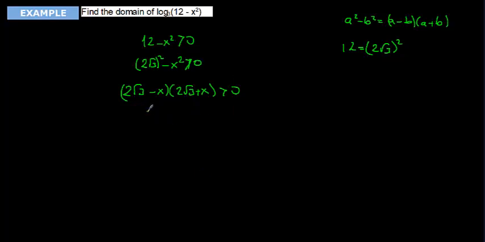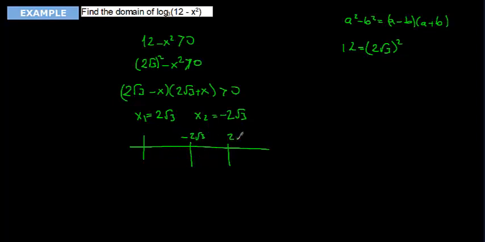Then I'm going to find x1. x1 is equal to 2 root 3 and x2 is equal to minus 2 root 3. Then I'm going to draw the table here: minus 2 root 3 and 2 root 3. This side is infinity, this side is minus infinity. Now I'm going to decide about the plus or minus sign.